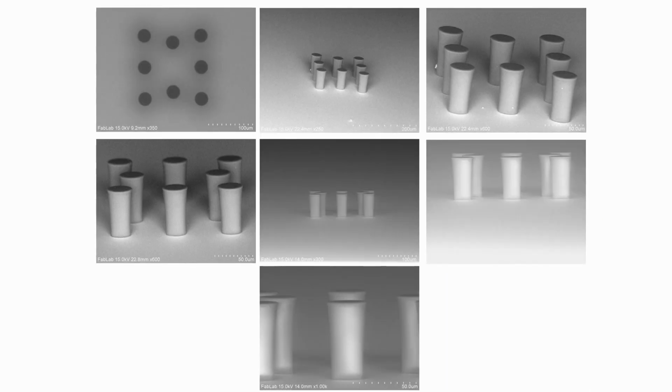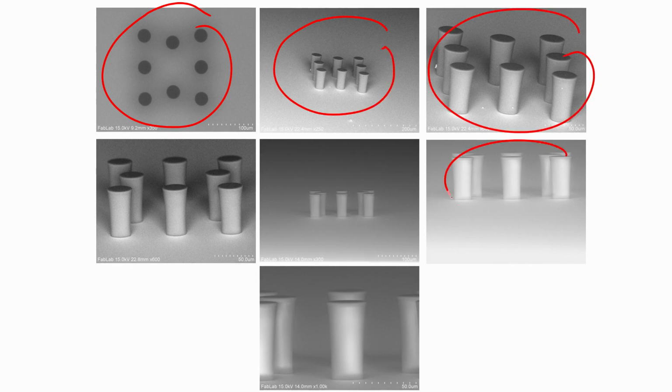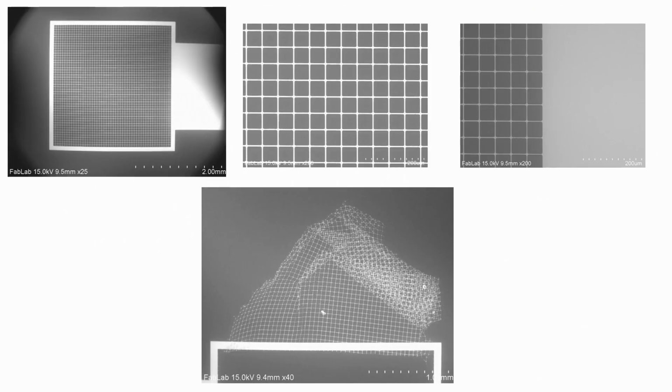You can see SU-8 pillars, this is a top view, and here is the cross sectional or side view. This is a micro grid, and you can see a fine mesh here.